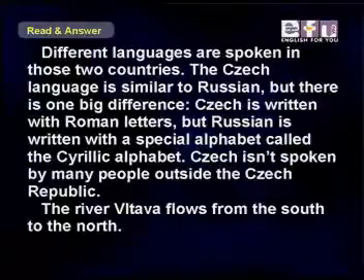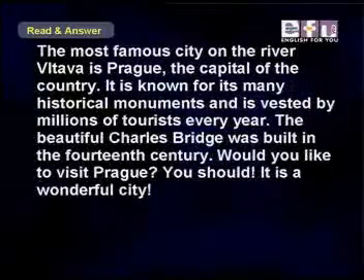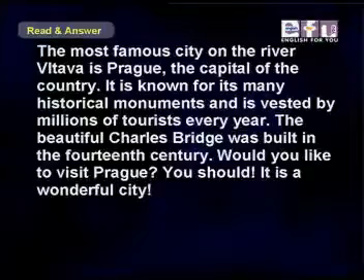The river Vltava flows from the south to the north. The most famous city on the river Vltava is Prague, the capital of the country. It is known for its many historical monuments and is visited by millions of tourists every year. The beautiful Charles Bridge was built in the 14th century. Would you like to visit Prague? You should. It is a wonderful city.